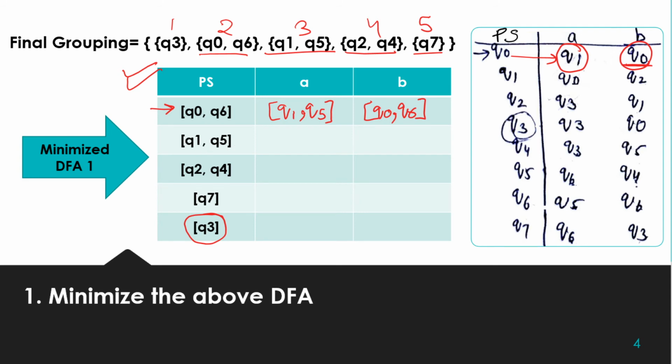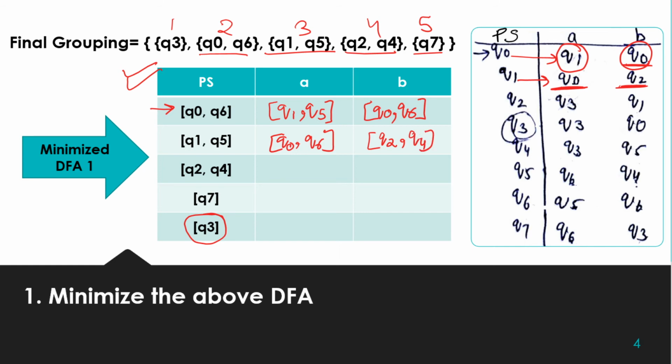Next we have Q1 and Q5. So from Q1 we are having the state Q0. So instead of writing Q0, we will be writing the complete set as Q0 and Q6. And for input symbol B, we are moving to state Q2, and Q2 is not an individual state, so we will be writing the complete set as this, Q2 and Q4.